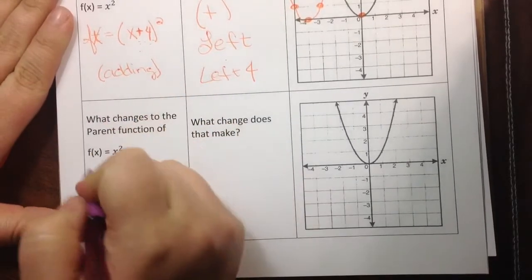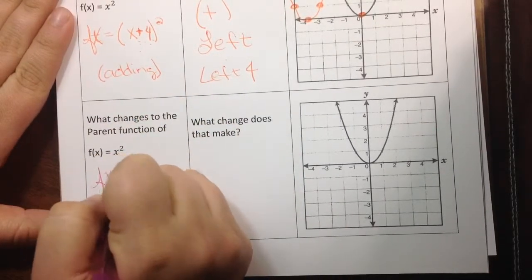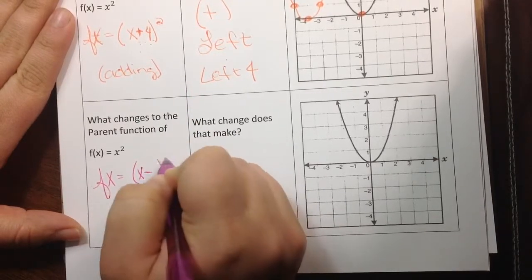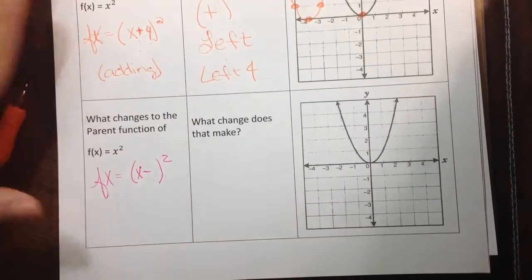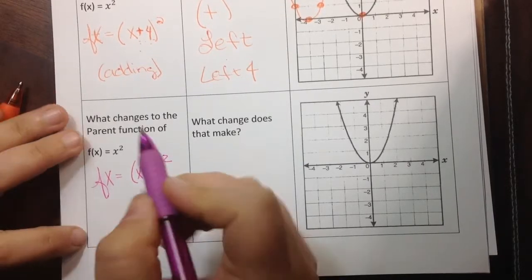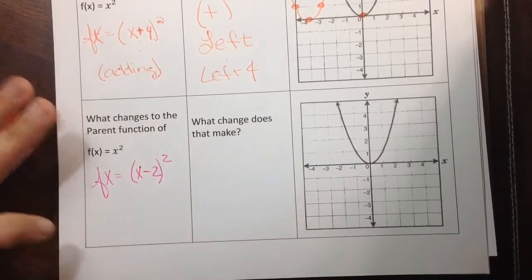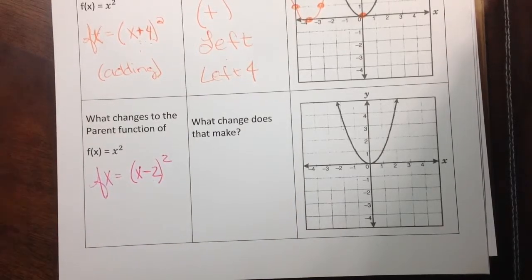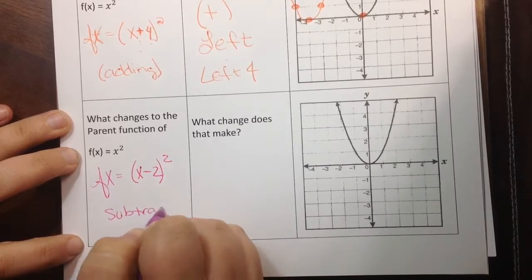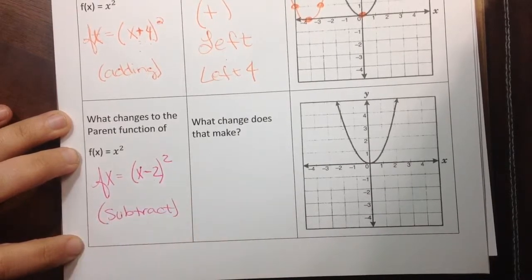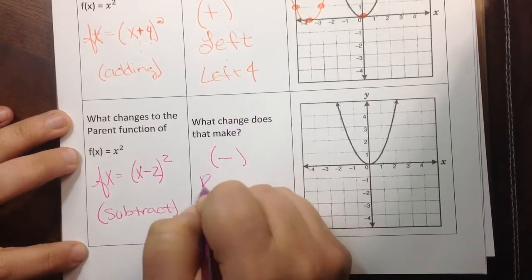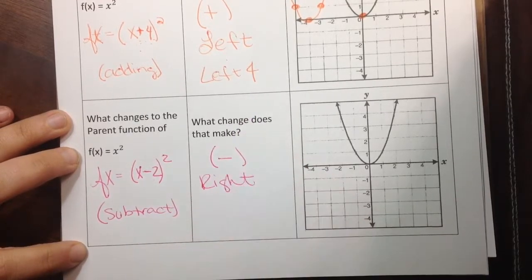Now we're going to change our parent function, but this time, instead of adding, I'm going to subtract inside the parentheses. Annabella, I need a teeny tiny number. 2. Okay. So we're now going to subtract on the inside of the parentheses. When I subtract inside the parentheses, I'm going to be moving to the right.